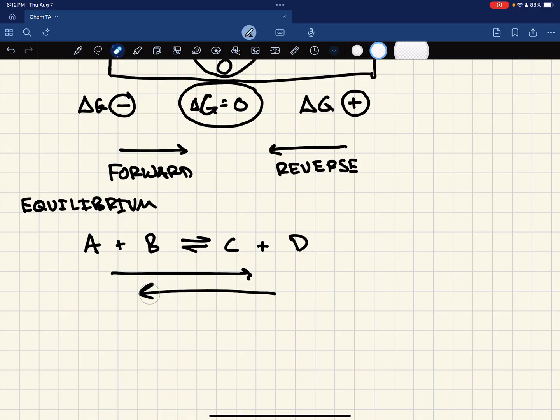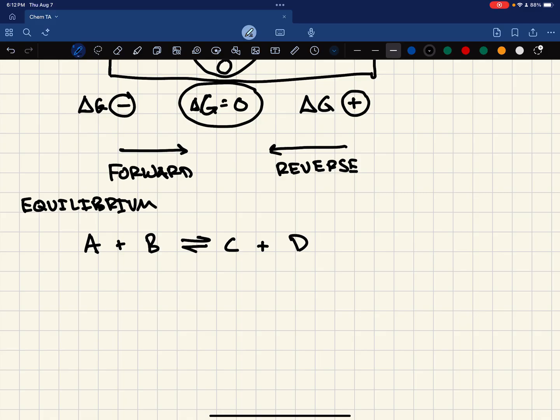Trying to make this so it makes sense, because it can be kind of confusing to explain, especially when we haven't gone over kinetics, and we're not really going to go over that. But imagine if we have a ton of A and B, then delta G is going to be negative, right?